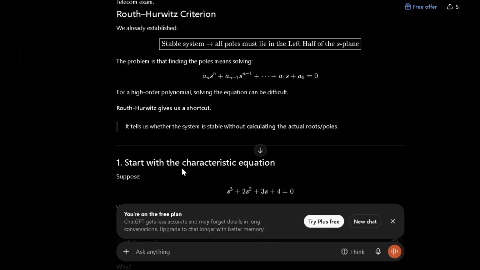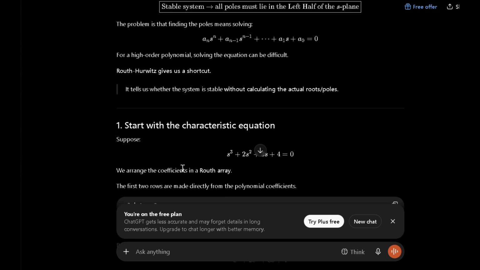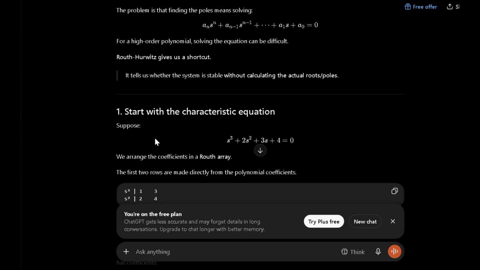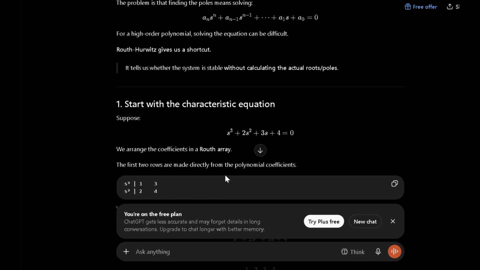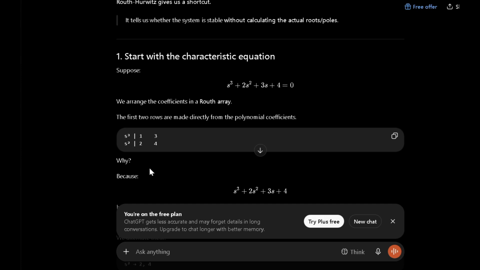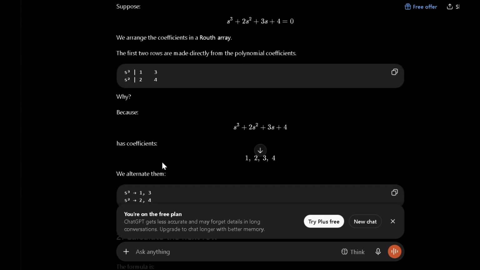Start with the characteristic equation, s^3 + 2s^2 + 3s + 4. We arrange the coefficients in a Routh array. The first two rows are made directly from the polynomial coefficients. For s^3 it is 1 and 3, for s^2 it is 2 and 4. Because s^3 + 2s^2 + 3s + 4 has coefficients 1, 2, 3, 4, we alternate them.